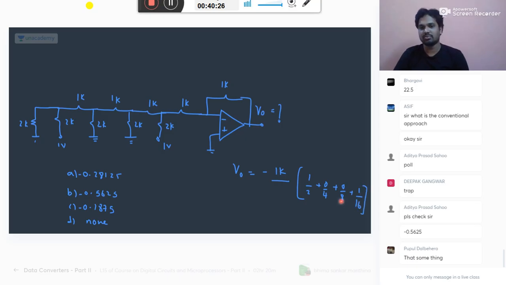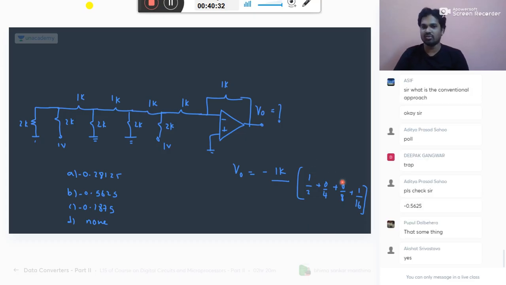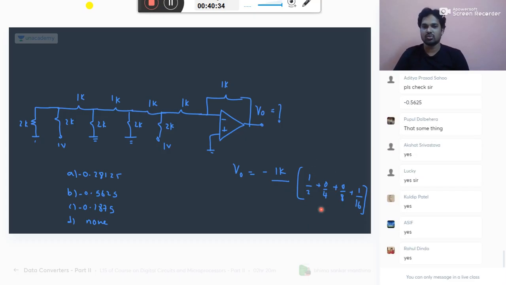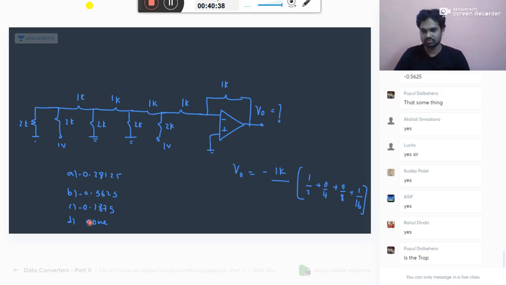Up to this clear, everybody? Minus R2 by R1 is the gain into this part, the same rule. Earlier it was 1 plus R2 by R1 here. So here you keep different values, you get different answers.